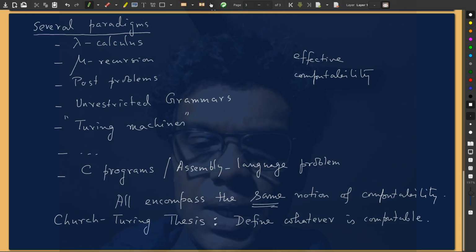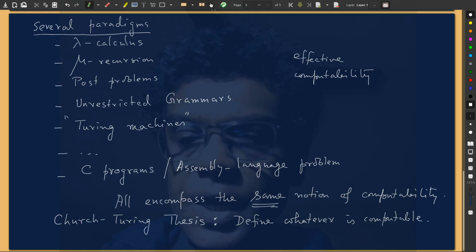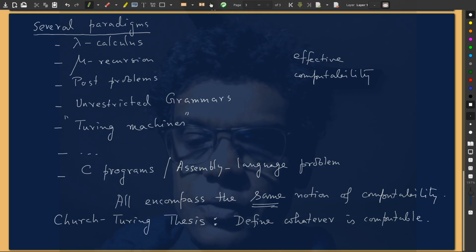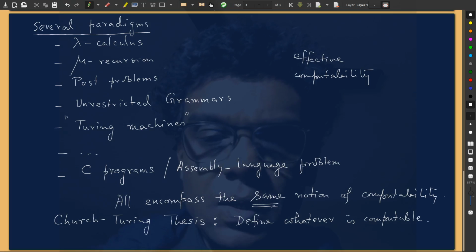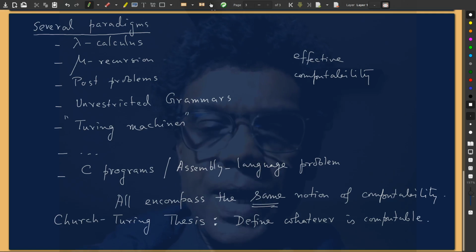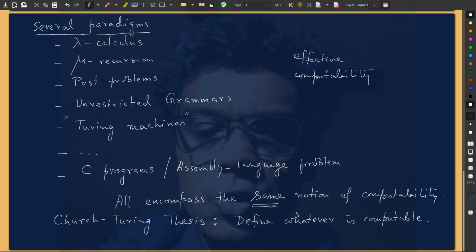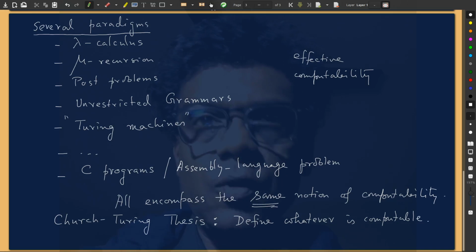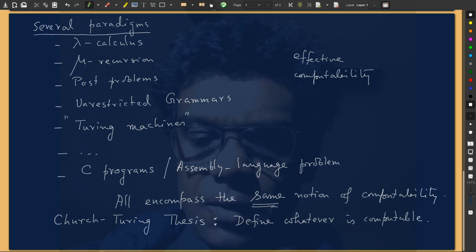About a century after Turing's proposal, at least 80, 85, 90 years, we have not yet come up with some paradigm which can outperform these known paradigms. So the Church-Turing thesis apparently holds.